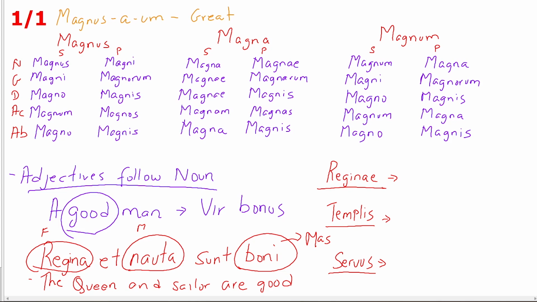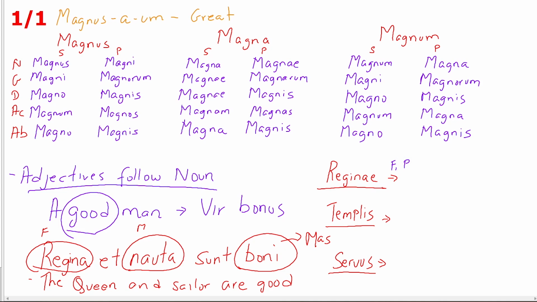So let us take Regina first. What gender does Regina come under? Regina is feminine, meaning queen. So now if I want to say the great queen, we found out the gender. What is the number here? It can be singular or plural, right? So let's consider it as plural.